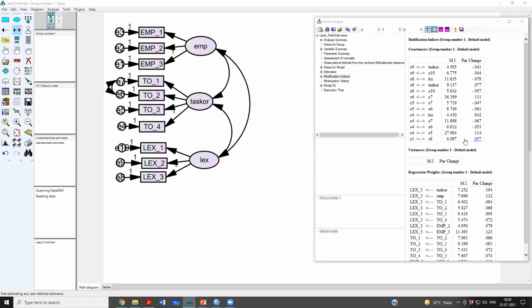If the CFI is not changing much, then you don't do it, because after a point you are not getting much difference. You should remember that parsimony is something we should always keep in mind. You should make your diagrams as clean as possible. Don't add too many. So here, for example, E6 to E7.